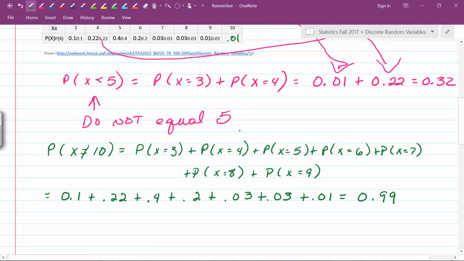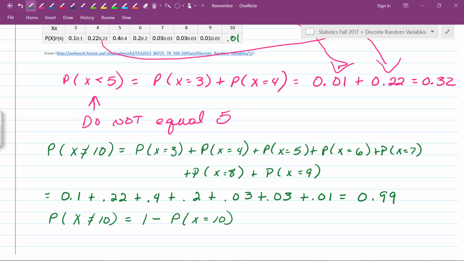And we could say that the probability that x does not equal 10 is equal to 1 minus the probability that x equals 10, because in that case, what do I have left? Everything left, right?